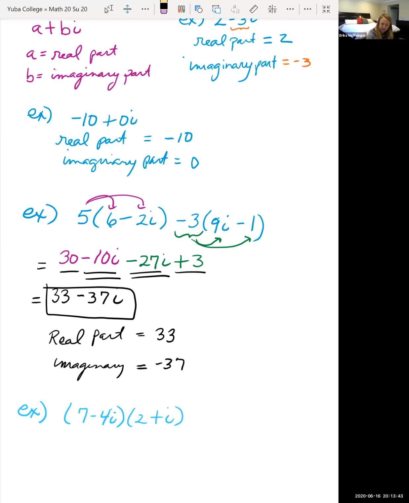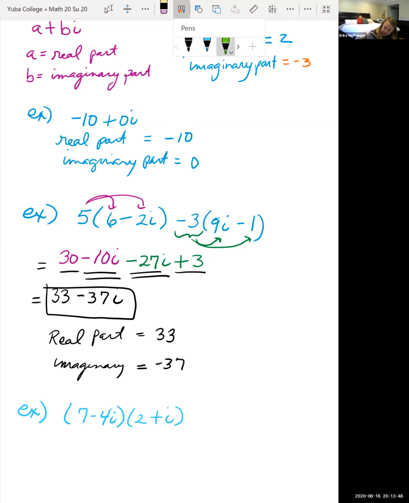Okay, so using our distributive property, looking at the first term in the first parentheses, distribute it to each term in the second parentheses. So 7 times 2 plus 7 times i. So this gives us 7 times 2 is 14 and 7 times i, so plus 7i.